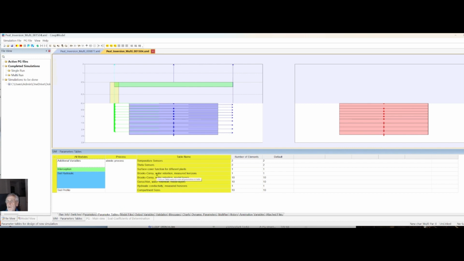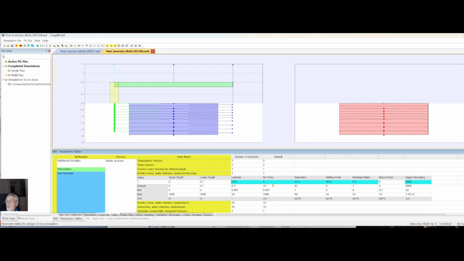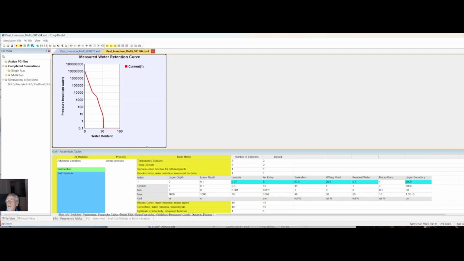So we look at how the water retention curve looks in the model by right click, and then I see that this is a clay soil, substantially heavy clay soil with a relatively high saturation value, a wilting point that is high, and a lambda that is low according to those Brooks and Corey parameters.